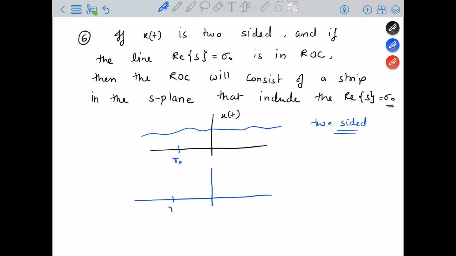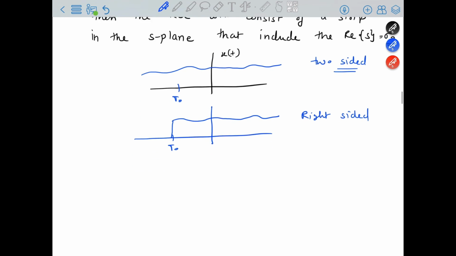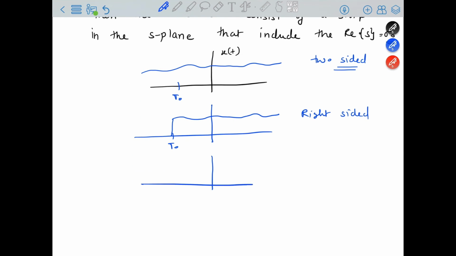So we have a signal which is right sided at t naught, and there is another signal which is left sided. So this is left sided.